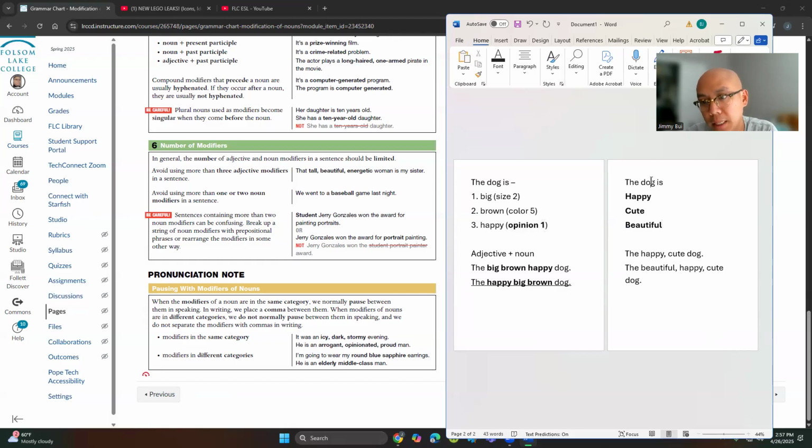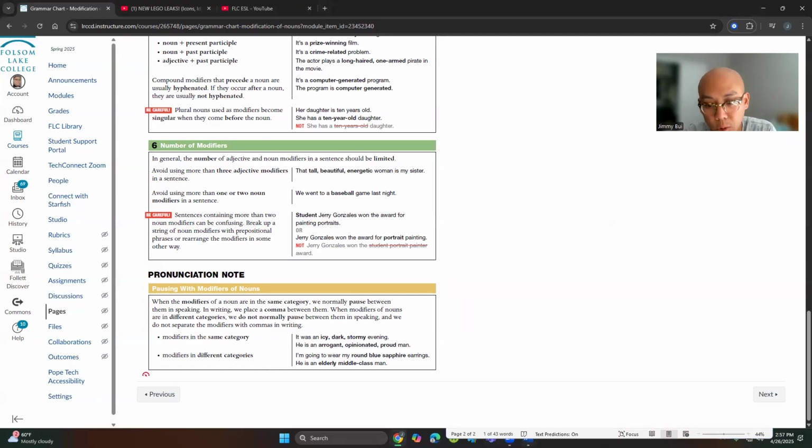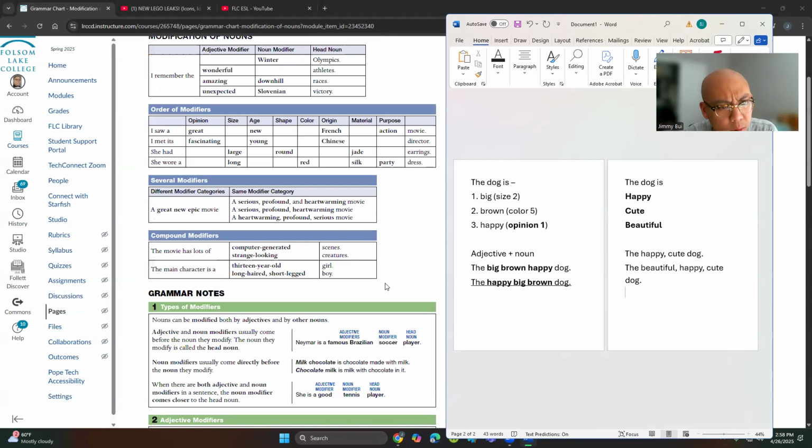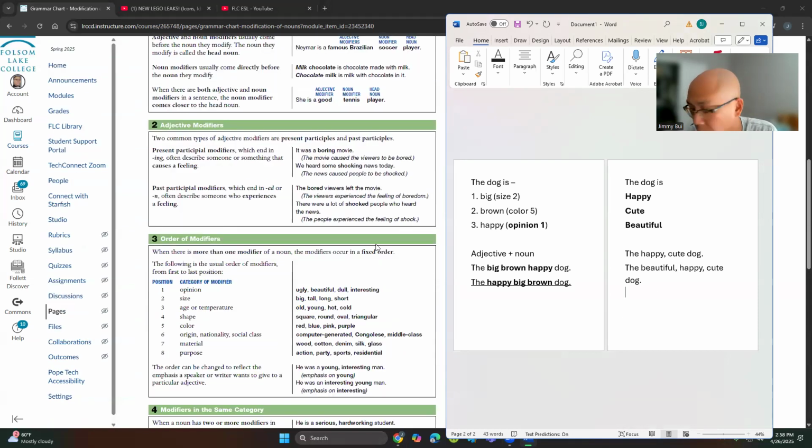Not everybody may think the dog is happy or cute or beautiful. And so that is an opinion. We all have different opinions. And so because these are all the same category, we would put a pause according to the modifier rule here, pronunciation notes.